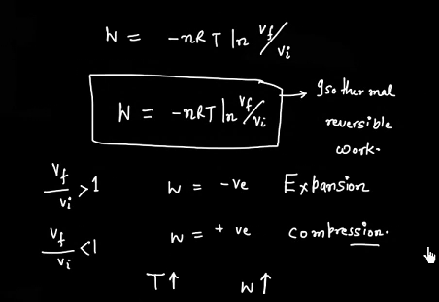And then we discussed reversible work: work is maximum when the process is reversible, and work is minimum when the process is a free expansion. And finally we derived one expression for reversible expansion work in case of isothermal, and the expression is minus nRT ln Vf by Vi.